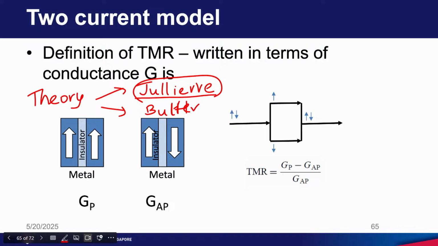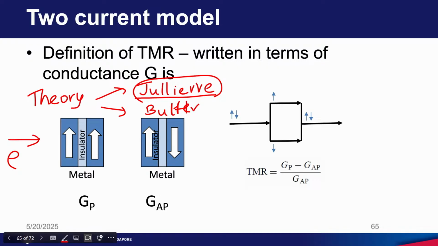Okay, so we have two ferromagnetic layers, and the magnetizations are either parallel or anti-parallel. We are sending electrons from this side. These two ferromagnetic layers are separated by an insulator.